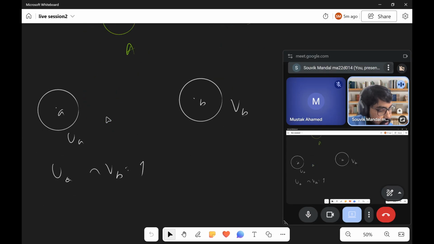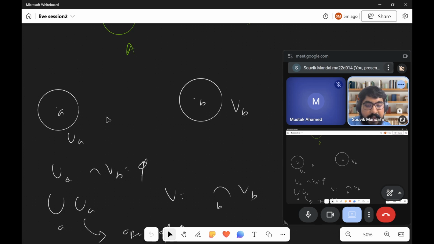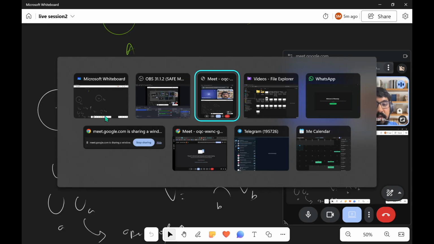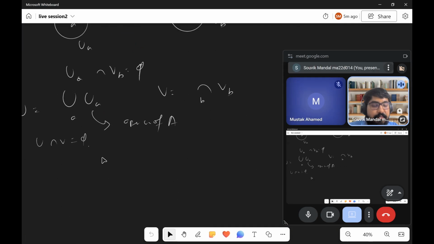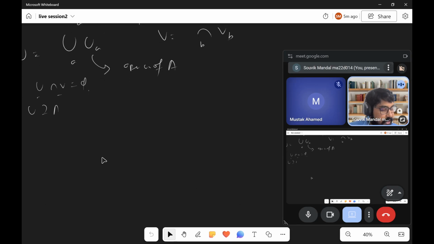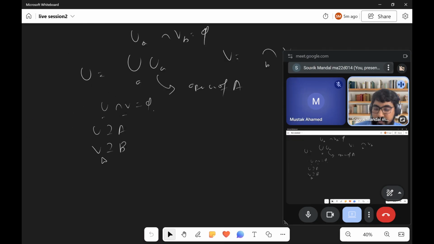Now what we need to do is set U to be the union of U_a and V to be the intersection of V_b. It turns out their intersection is empty, and now U_a forms an open cover of A, and similarly V_b forms an open cover of B. Those are the things we have to use in order to conclude that U and V are open sets, their intersection is empty, and U contains A and V contains B. So basically, you have to use the compactness along with the Hausdorffness. There is not much more to explain. Okay, so that's all.